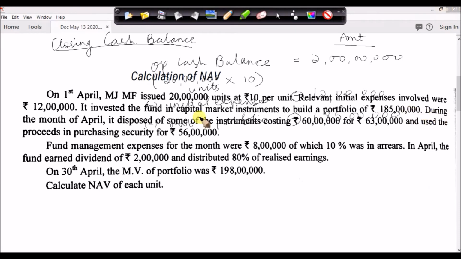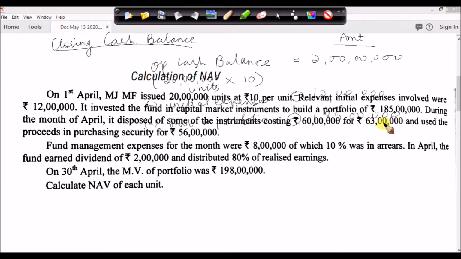Now during the month of April, it disposed of some of the instruments costing 60 lakhs for 63 lakhs. Disposed means it sold some of the instruments which the fund manager had purchased. They were costing 60 lakhs, but they were sold for 63 lakhs. Now my target is only to find the cash balance.